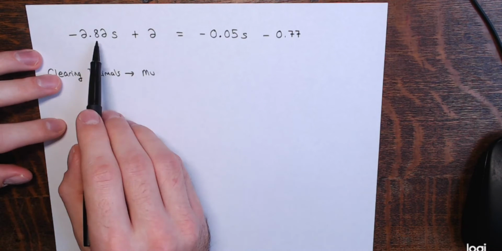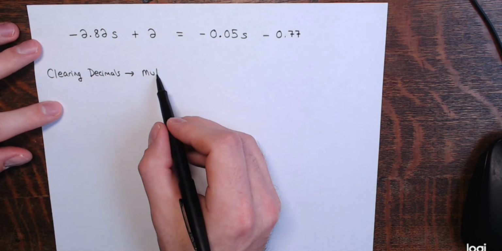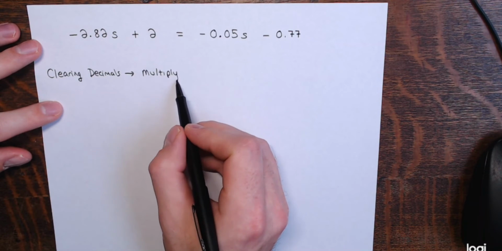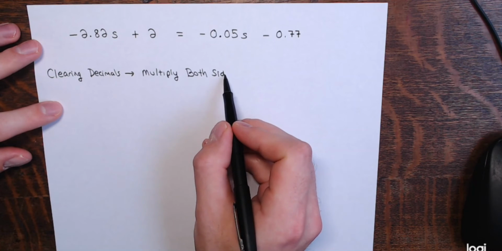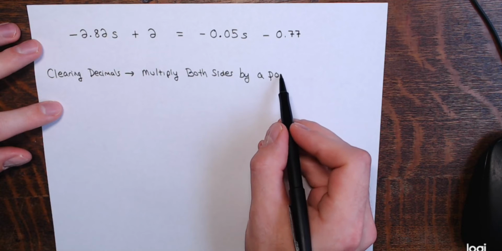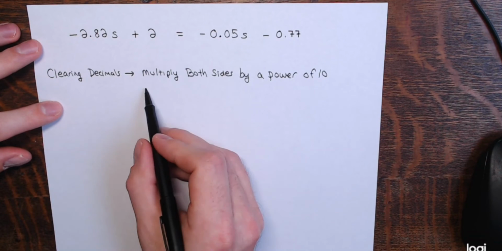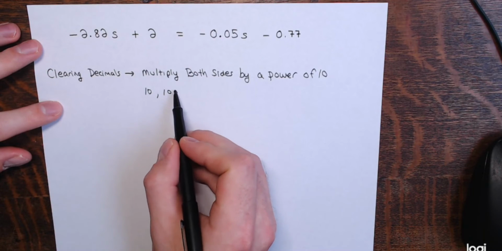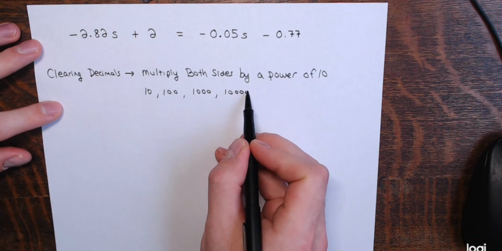There won't be any fractions anymore, any decimals anymore. So you're going to be multiplying both sides by a power of 10. Right, so again, either 10 or 100 or 1,000 or 10,000, or whatever.